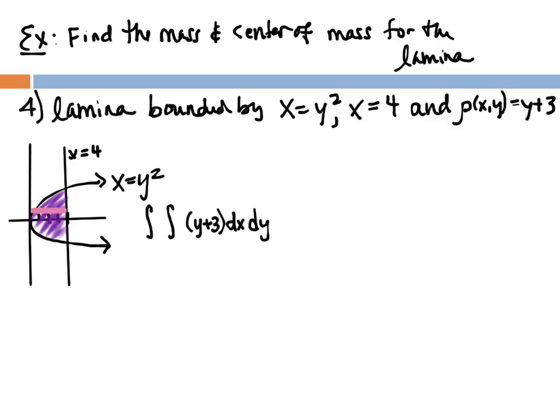So in terms of thinking about the bigger x value versus the smaller x value, what is the curve, or in this case line or curve, that we have as the bigger one? That's x equals 4. So this says x equals 4 on top. What is the value on bottom? Yeah, that's x equals y squared.